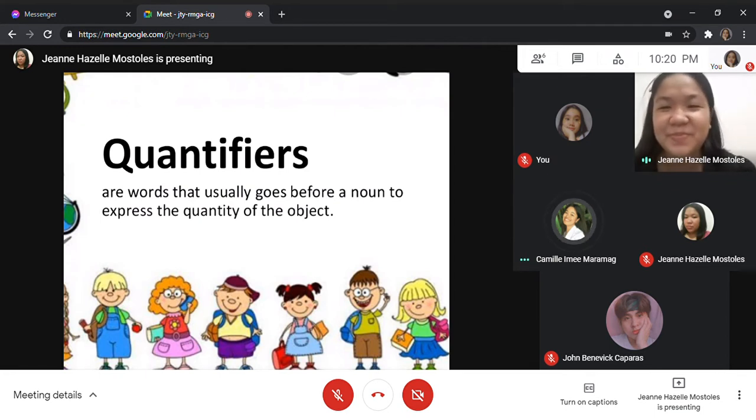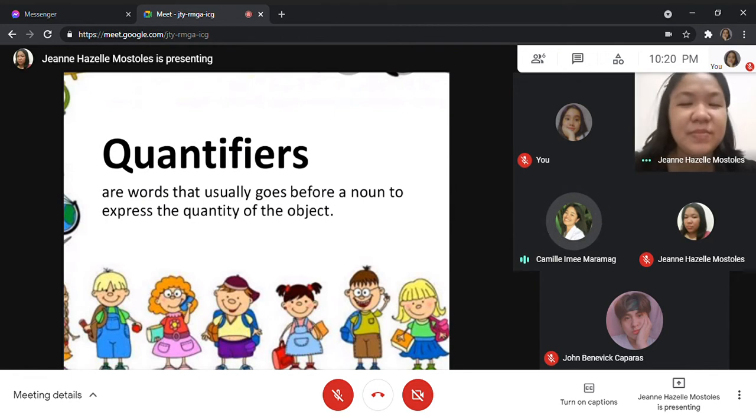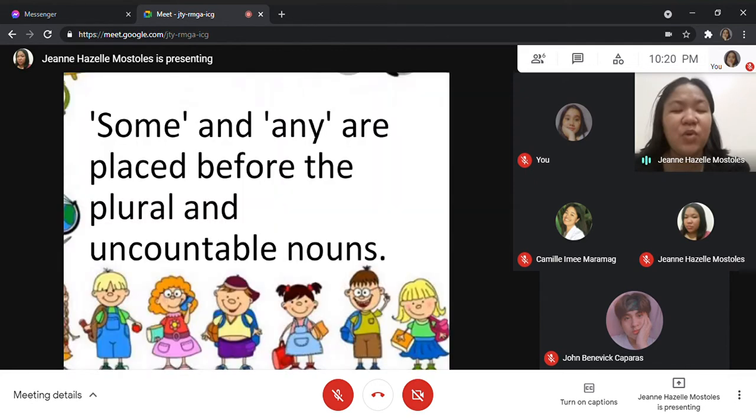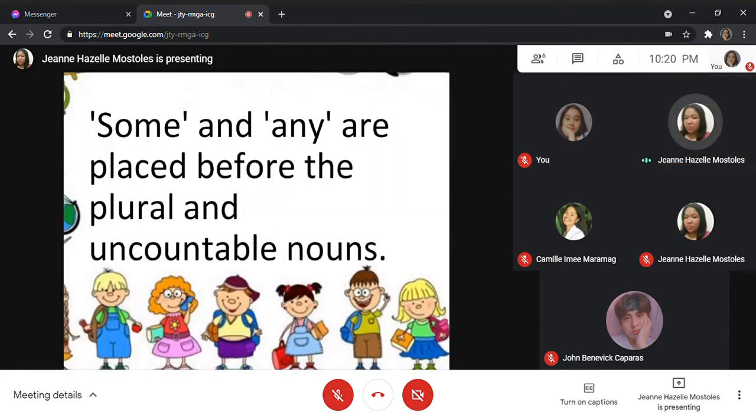Yes, ma'am. Quantifiers are words that usually go before a noun to express the quantity of the object. So they are called quantifiers because they express quantity. Some and any are quantifiers that are placed before plural and countable nouns.